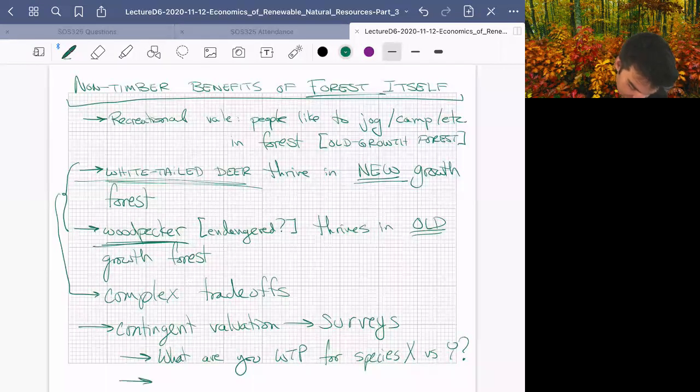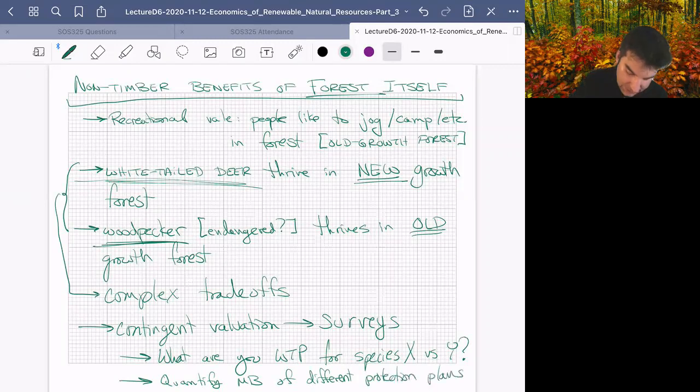This helps quantify the marginal benefit of different protection plans. That is one way to put a dollar amount on what it costs to maintain a particular bird population. And there are other things you could do too.